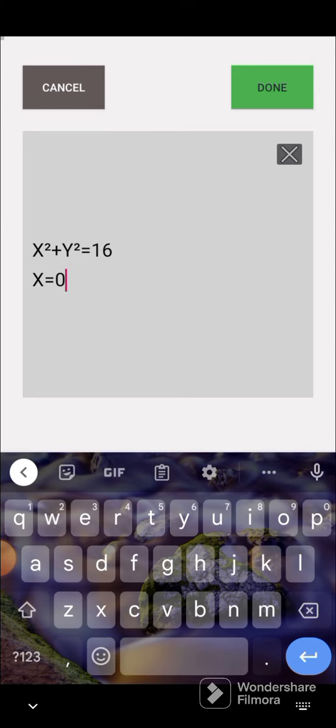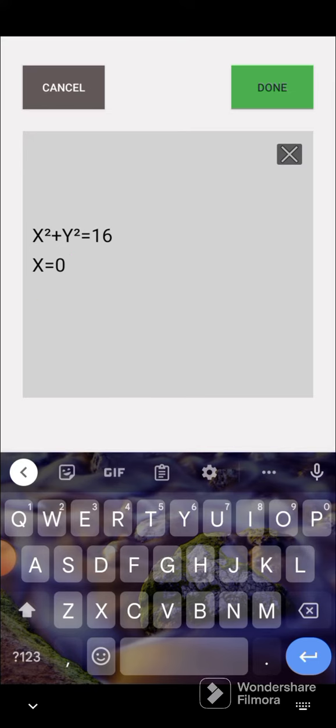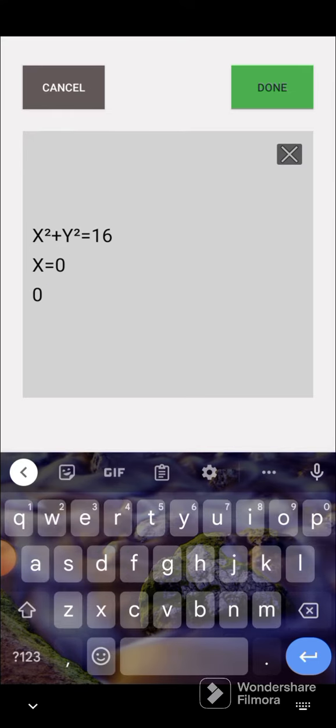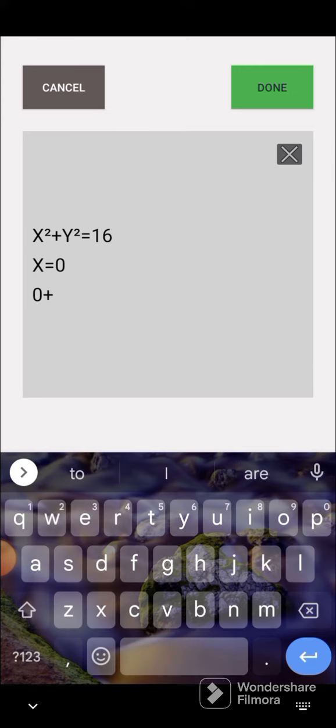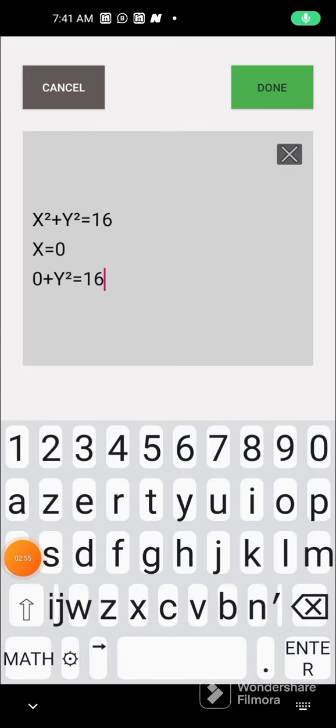Then, since x is equal to 0, we put x into the equation so that we can find the variable y. So our equation now becomes 0 plus y squared is equal to 16.